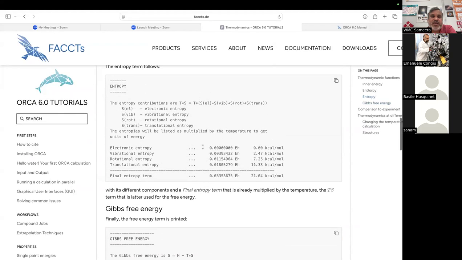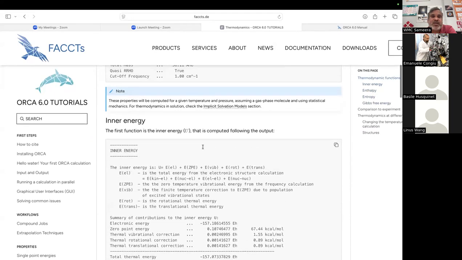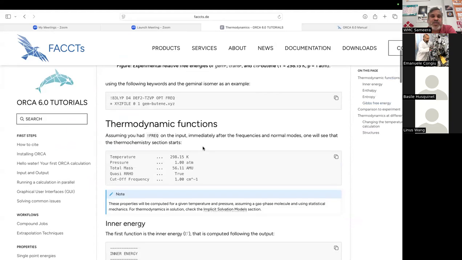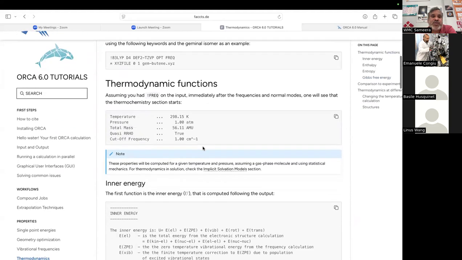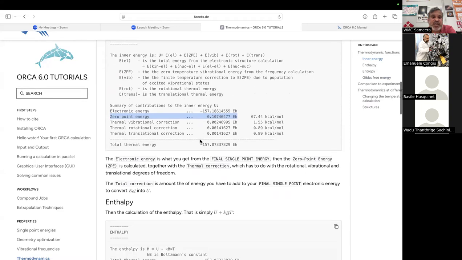if you are working with the potential energy surfaces, as I told you before, your interest is the electronic energy, and don't forget to add the zero-point energy, which is very important. And then you can compare the relative energy, that is the relative electronic energy, including the zero-point energy.